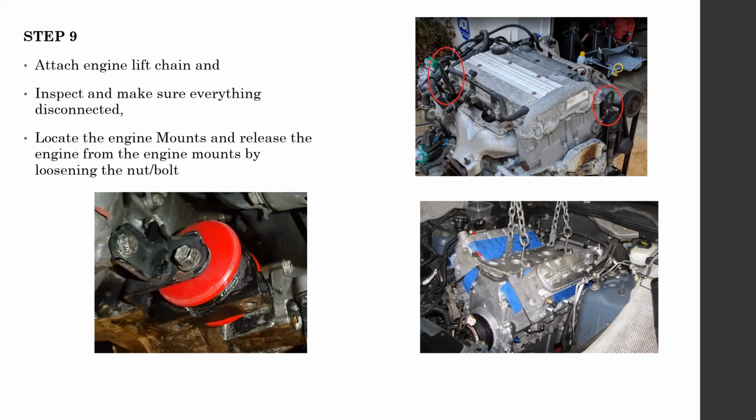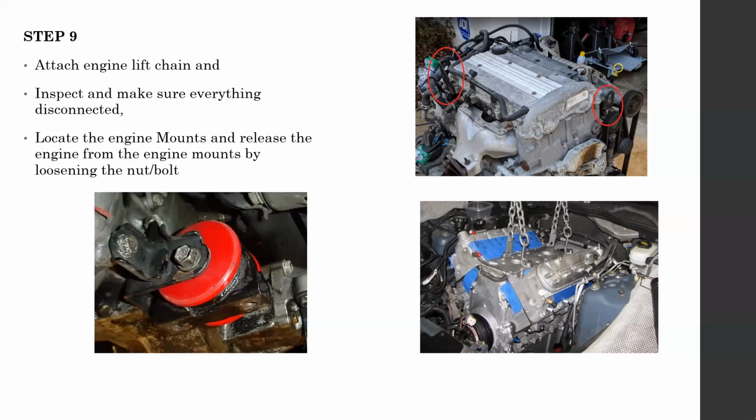Some manufacturers, for example Alfa Romeo, an Italian manufacturer, have mounted the engine from the top, that means from the engine head. Usually we have the engine mounts from the block, but in some cases they come from the engine head as well.